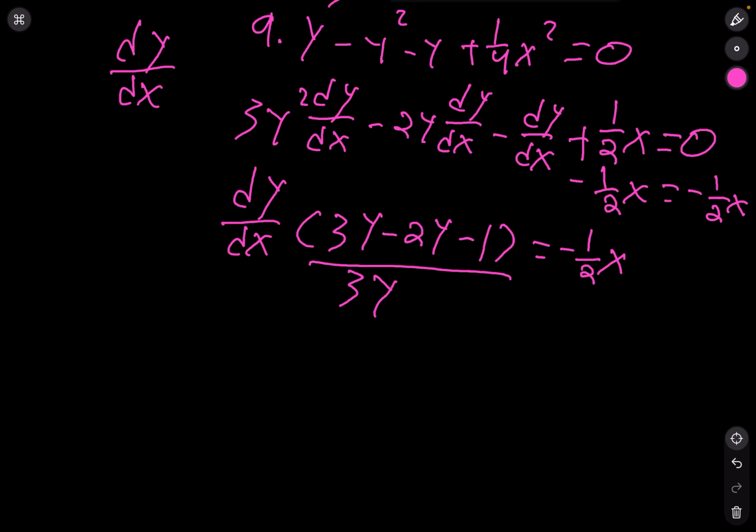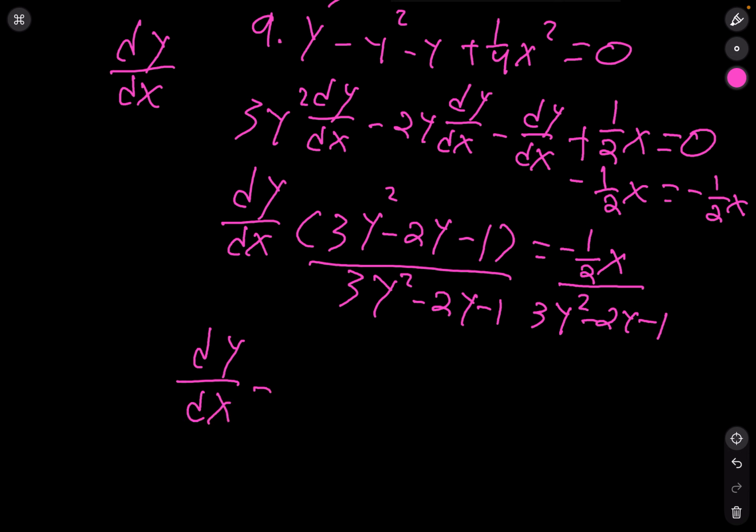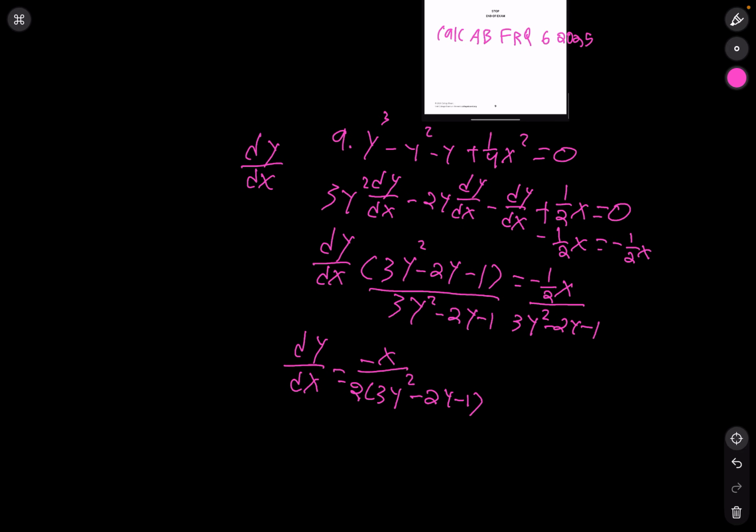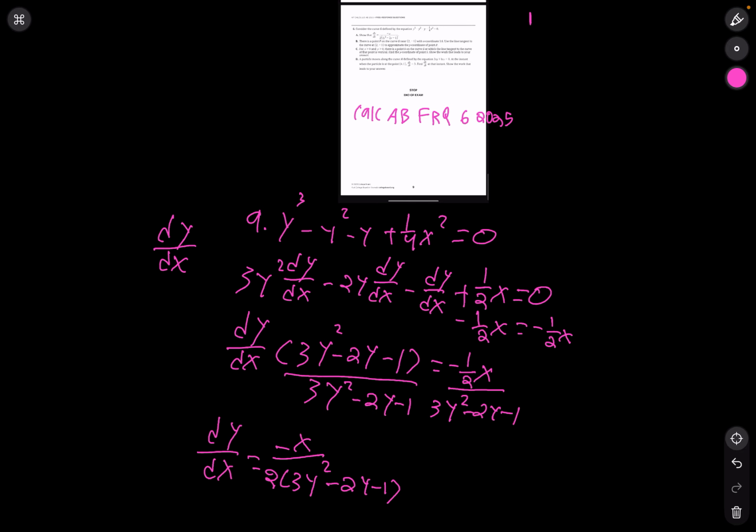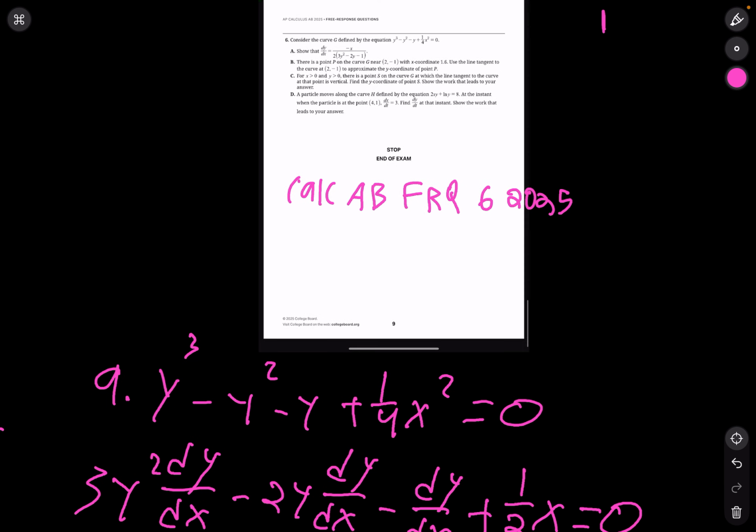And then from there, you can divide this whole thing because you're trying to isolate dy/dx. And then you're left with dy/dx equal to negative x over 2 multiplied by (3y squared minus 2y minus 1). And so that'll be your answer for question A.